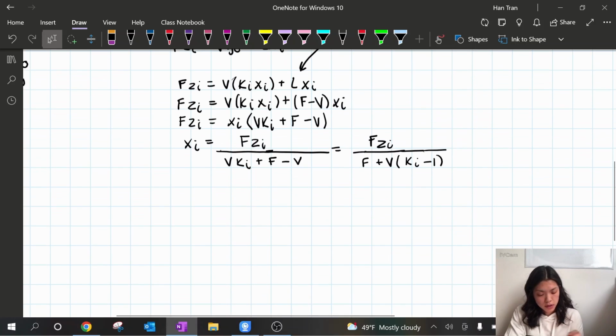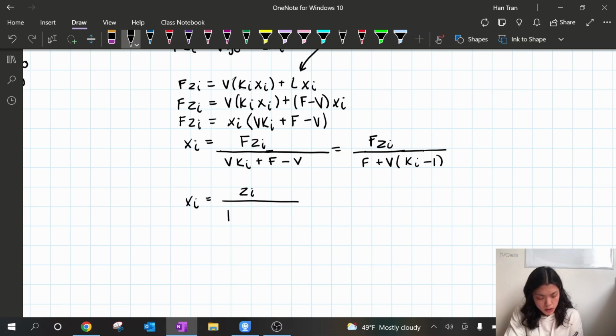And now we can continue to clean it up and divide everything by the feed. So that's going to give us the liquid mole fraction equals the feed mole fraction of component I divided by 1 plus the vapor over the feed times the ratio minus 1.